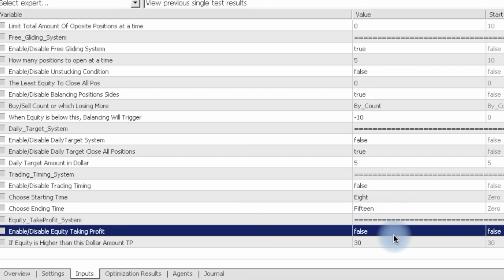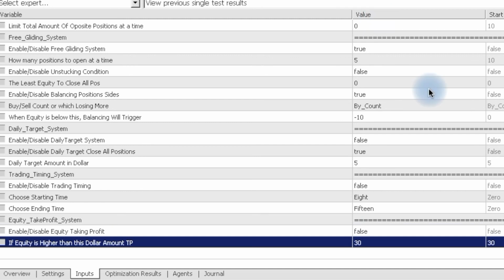The last thing is enable or disable equity take profit. If equity is higher than this dollar amount, take profit. This is also a very direct system. What it does is look at the equity and ignore everything else that we have up here. So if my equity has 30 points, 30 points does not mean $30.